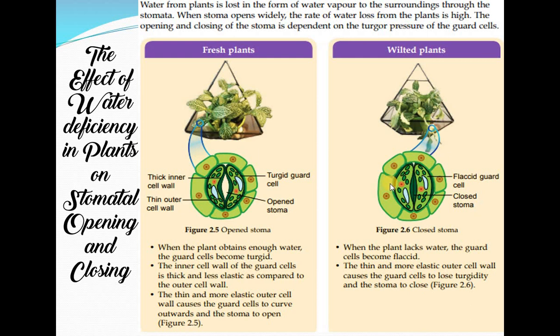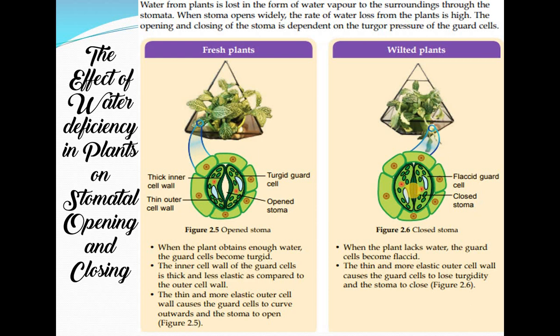Because the outer cell wall of the guard cell is thin and more elastic, when the guard cell loses its rigidity or becomes flaccid, it will cause the guard cells to curve inwards and the stoma will close.